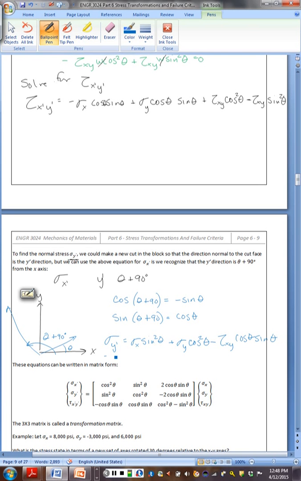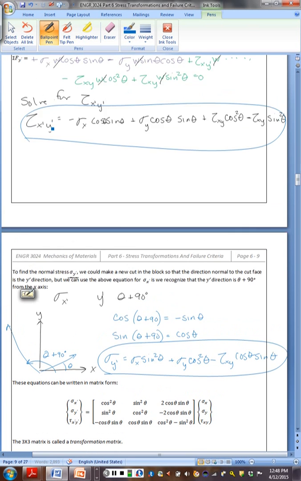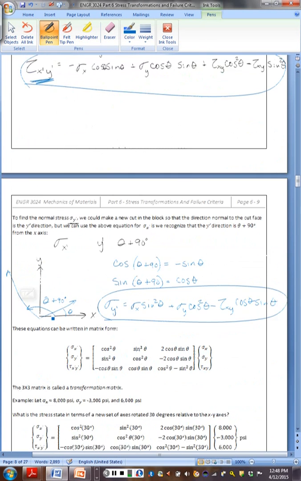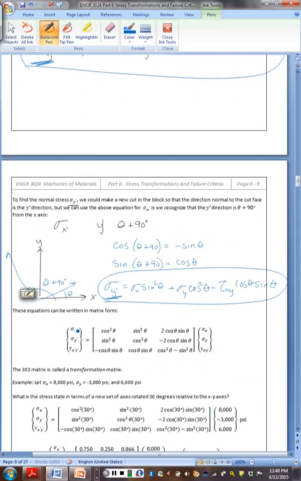Now all of these, this, and this one up here, our sigma x prime, our tau x prime y prime, and our sigma y prime can be gathered into a transformation matrix.